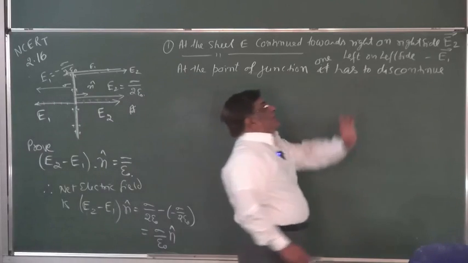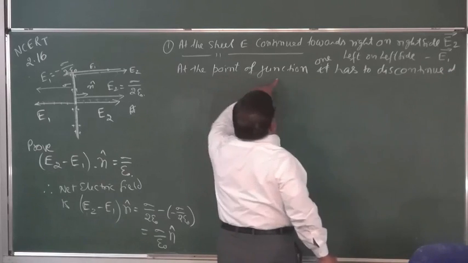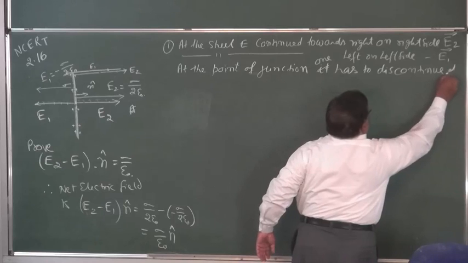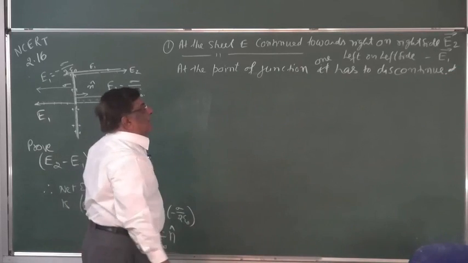It has to discontinue. At the point of junction, it has to discontinue. Therefore, this is a discontinuous electric field.